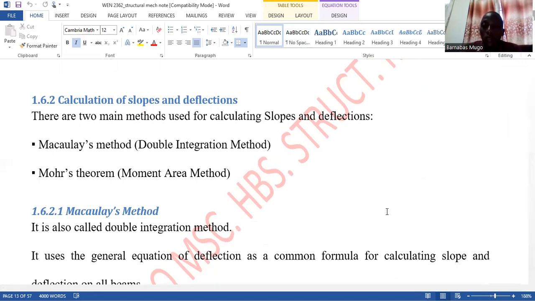But the general equation for deflection, you can utilize your face-to-face class to catch up with what you are supposed to do.